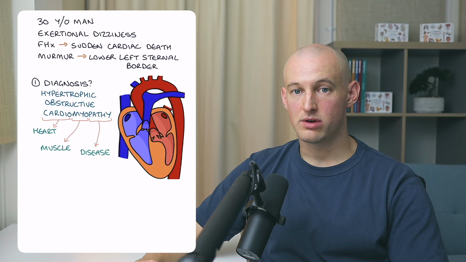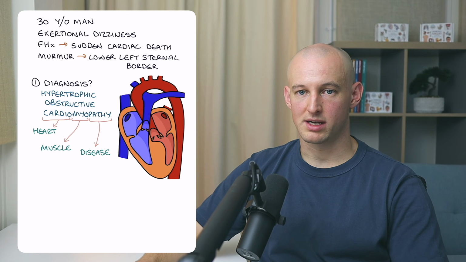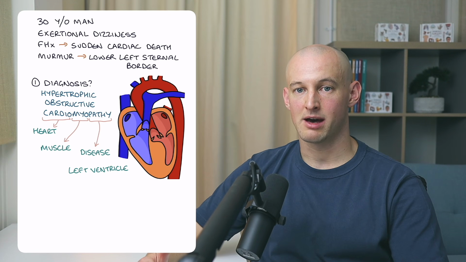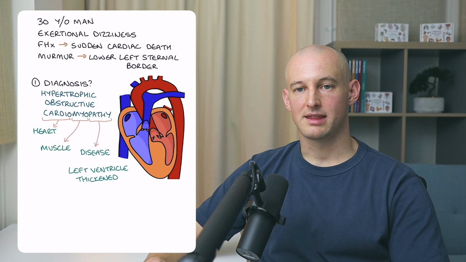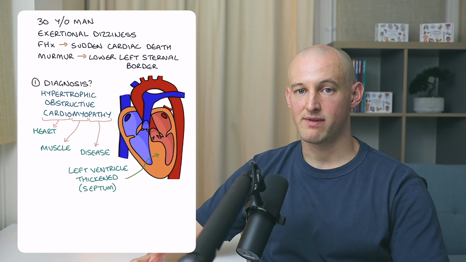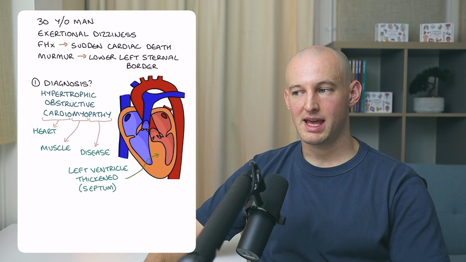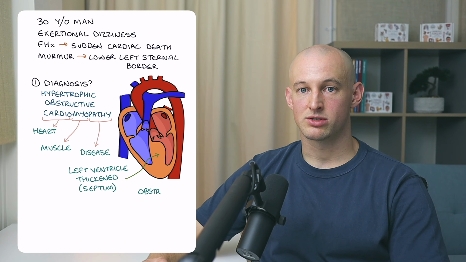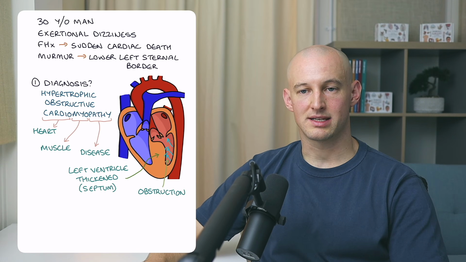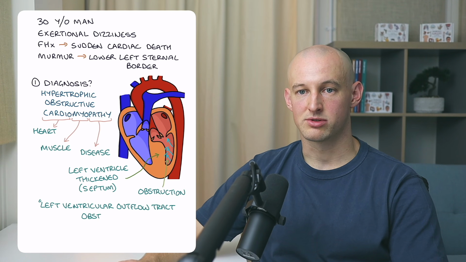And in HOCM, or hypertrophic obstructive cardiomyopathy, the left ventricle muscle becomes thickened, and the septum thickens, and it kind of bulges into the left ventricle. And the problem here is it causes obstruction to the outflow of blood. Specifically, this is called left ventricular outflow tract obstruction.